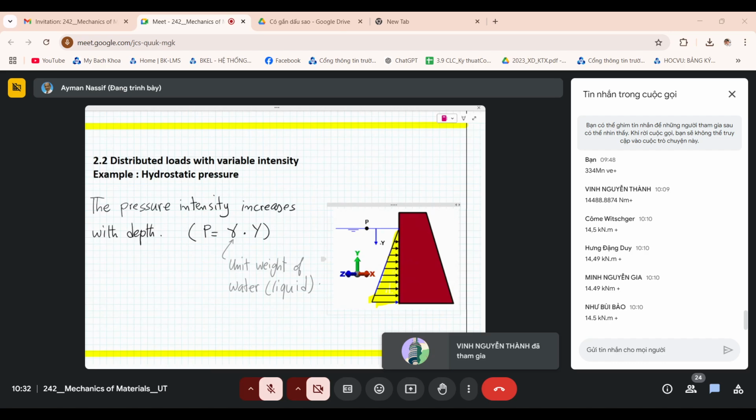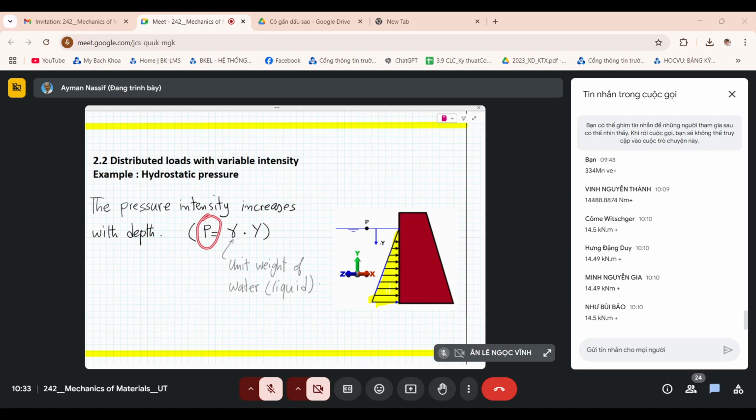So the pressure intensity, as you know from physics perhaps, or you can imagine as you go deeper in this water, the pressure will increase, and the pressure will increase in a linear manner according to the depth of the water. So this is a variable intensity loading starting with 0 and a maximum value here.